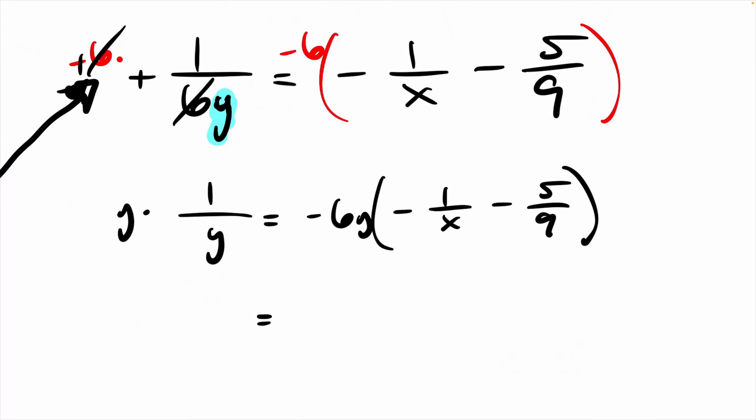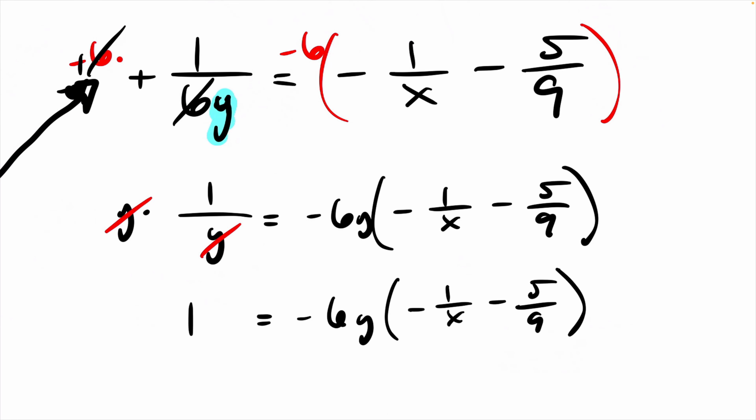If I do that, it'll just be 1. So I get +1. Okay, what do I do now? So y is now over here, right? Y was down there, now it's over here. How do I get it by itself?